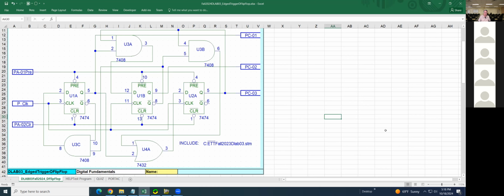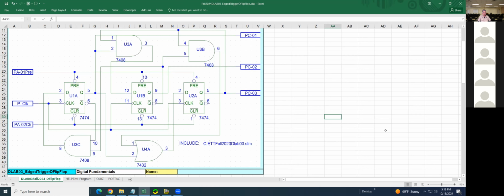Okay, when you're looking into the schematic, how many ICs? Four. Four, correct.